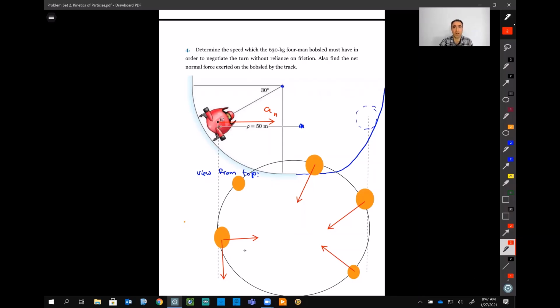So there is a difference, guys, between this question, where these things are spinning on a circle when we look at it from the top, the top view or bird view, and the other. What a bird can see is just these red things. It's not going up, it's not coming down, it's just staying there. So our normal acceleration is just because of this motion.